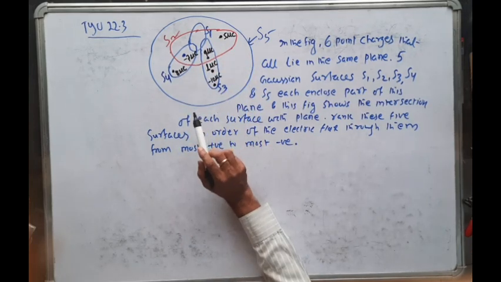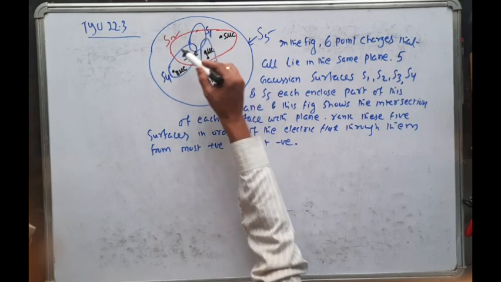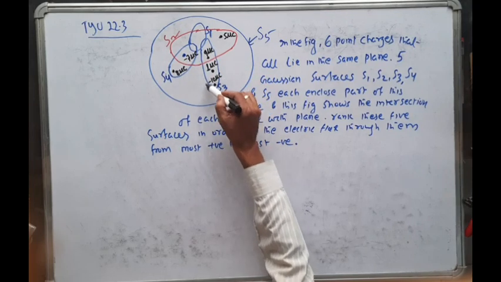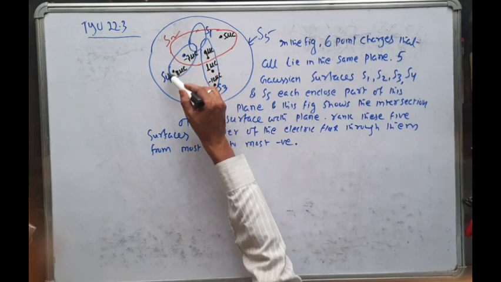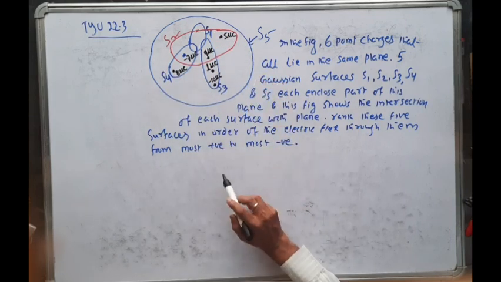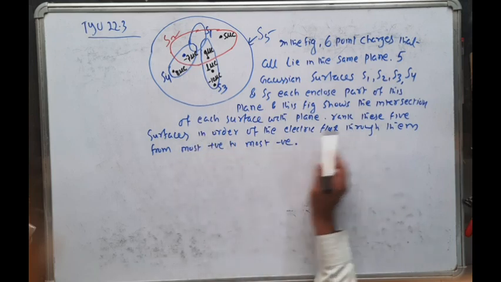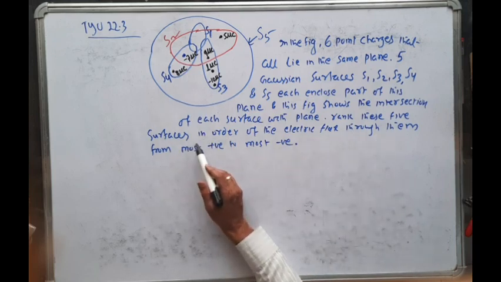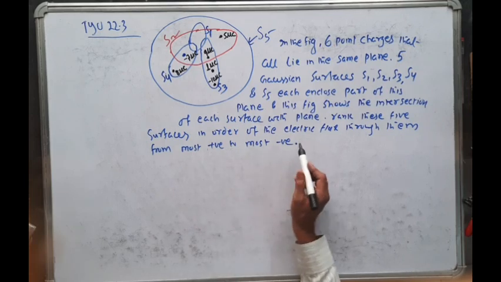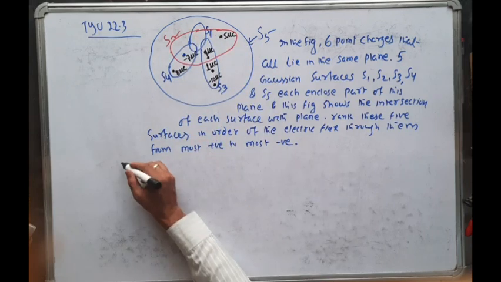There are 5 Gaussian surfaces: this is S1, this red one is S2, this is your S3 closed surface, this is S4 closed surface, and this is S5 closed surface. You have to rank these 5 surfaces in order of the electric flux through them, from most positive to most negative. That means for every surface you have to find the flux.